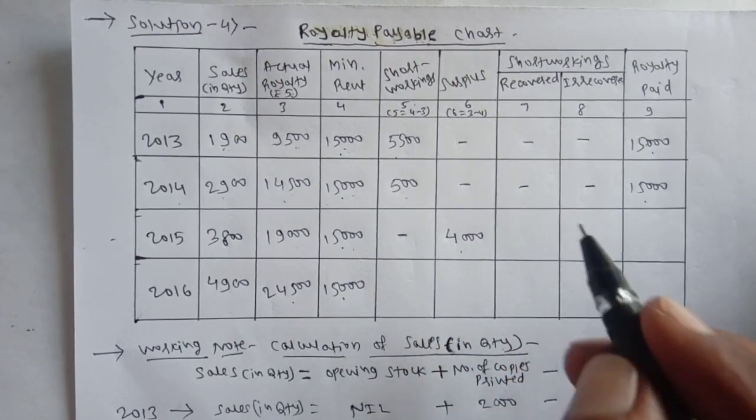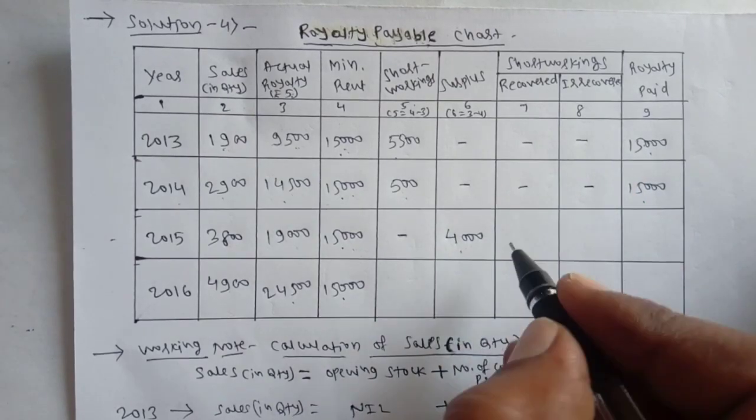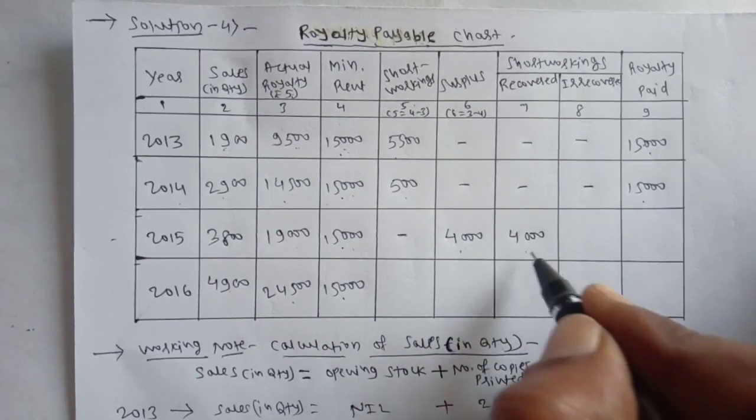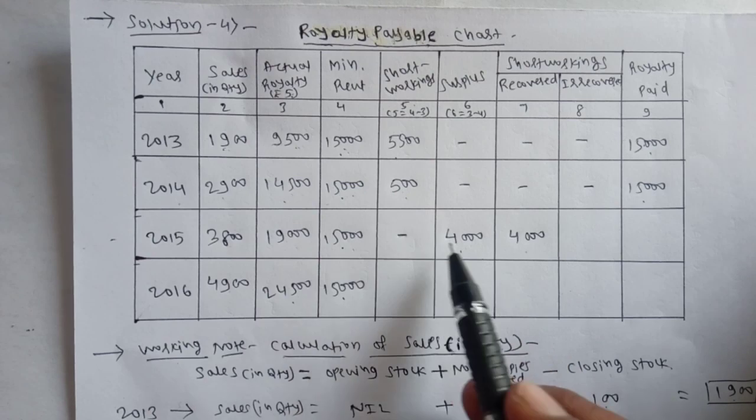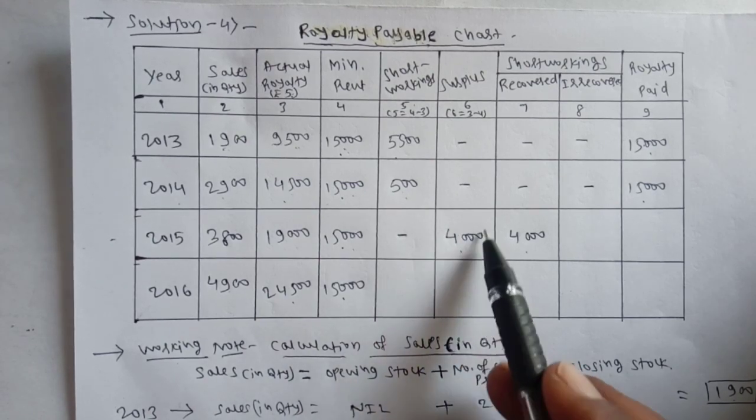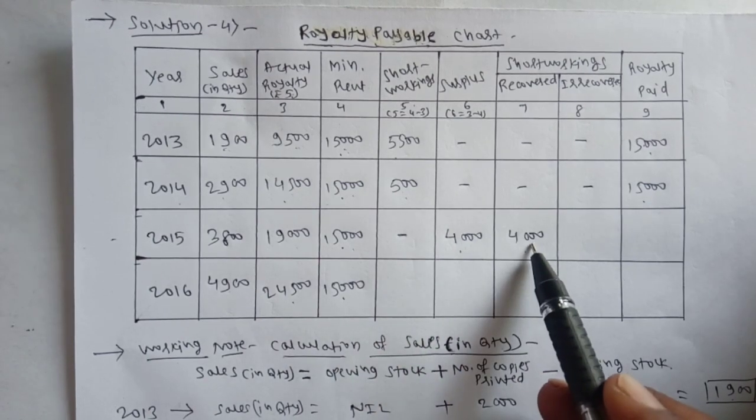How much can we recover at maximum? We have to recover 6,000, but that amount is not available, only 4,000 is available. So 4,000 is recovered.